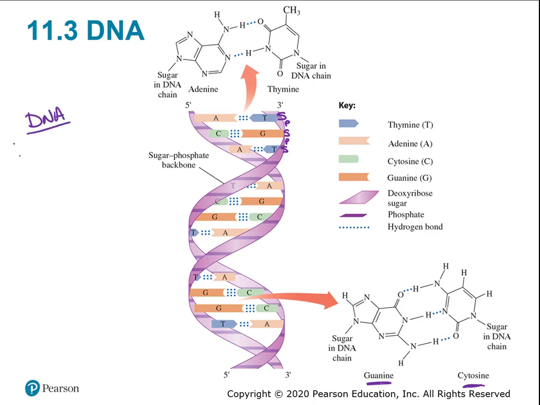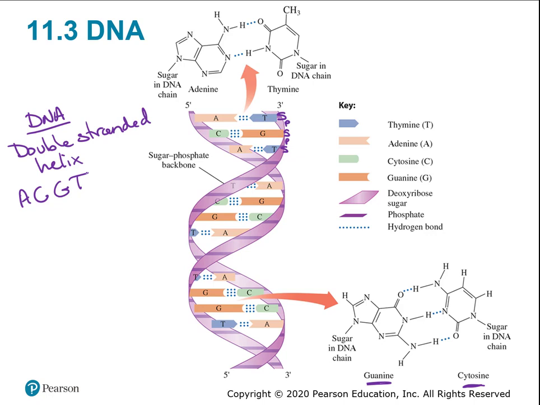So DNA, double-stranded, forms a twist, a helix, because this hydrogen bonding stabilizes it. It has A, C, G, and T, the nitrogenous bases.